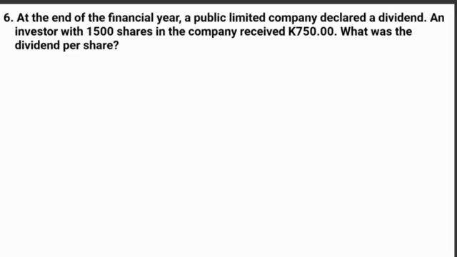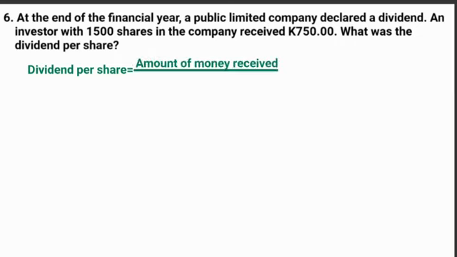So to calculate the price of each share, we are going to come up with a formula, which is dividend per share is equal to the amount of money received over the number of shares. Okay, so what we're going to do here is identify the amount received. The amount received is stated here, that is 750 kwacha.